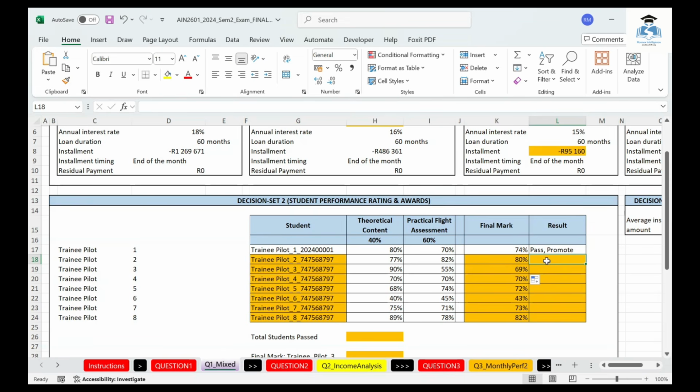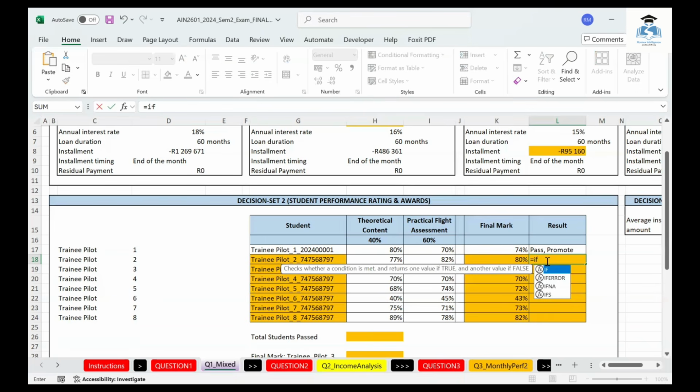So already you know that your formula starts with an equal sign. So equals IF. Now, what are you checking?